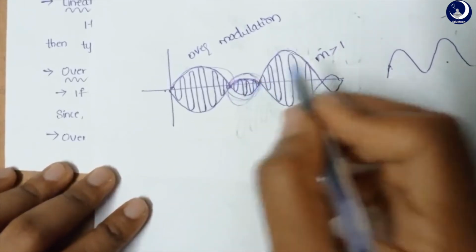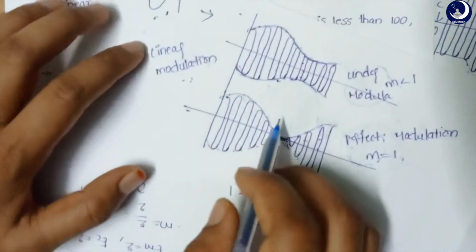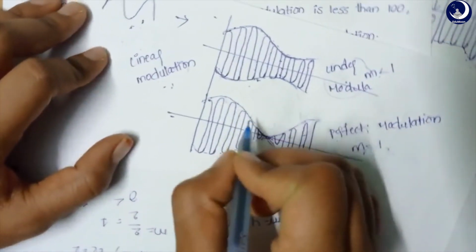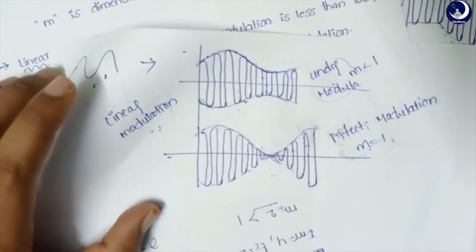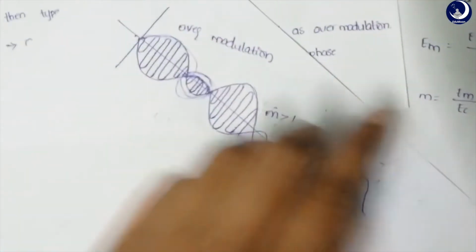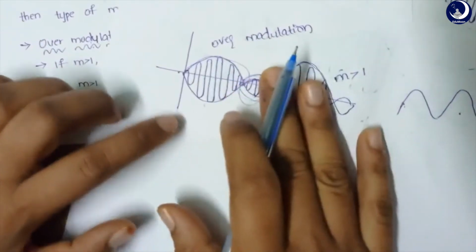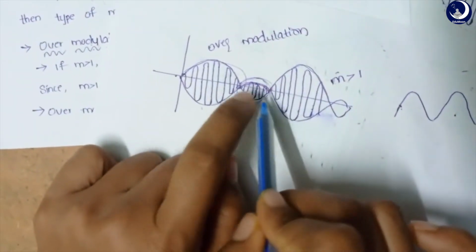So when we detect it, there will be noise. So in linear modulation, whether it is under modulation or perfect modulation, we can detect our message signal, but in over modulation we cannot detect our message signal. So in over modulation there is some distortion.